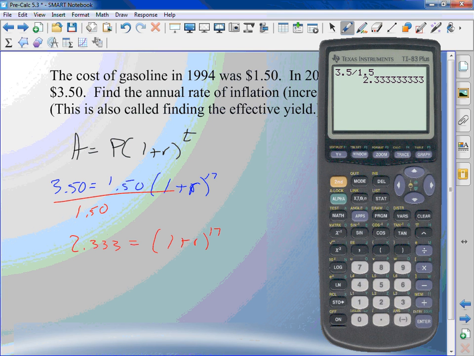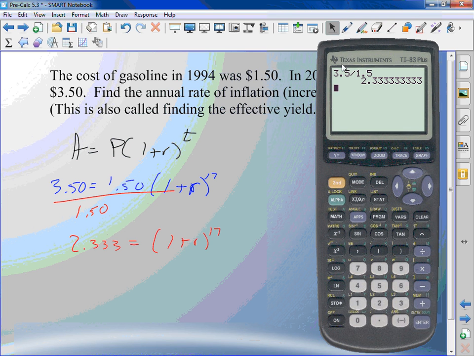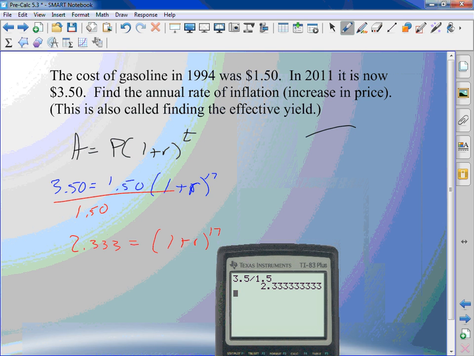Now, how do I get rid of something to the 17th power? This is a little side note. If x squared equals 9, how do I find x?